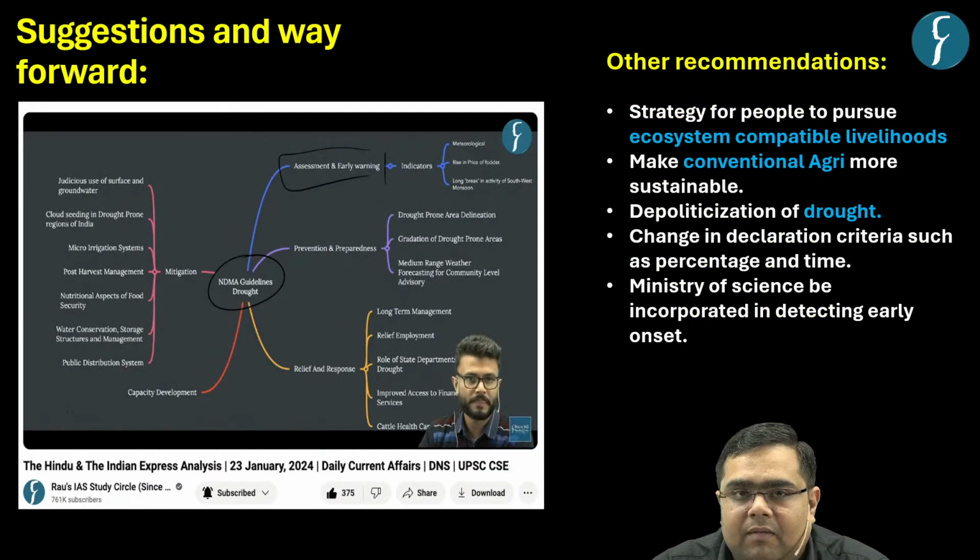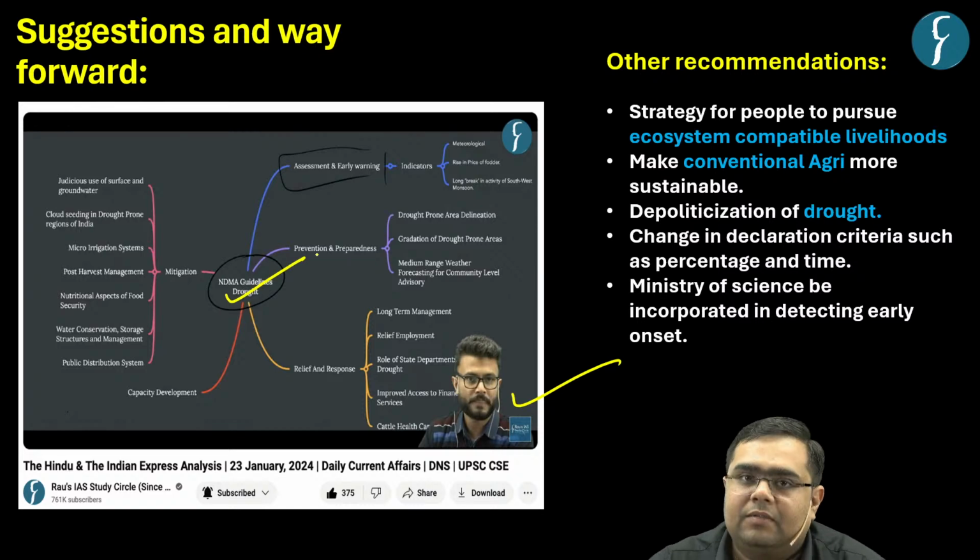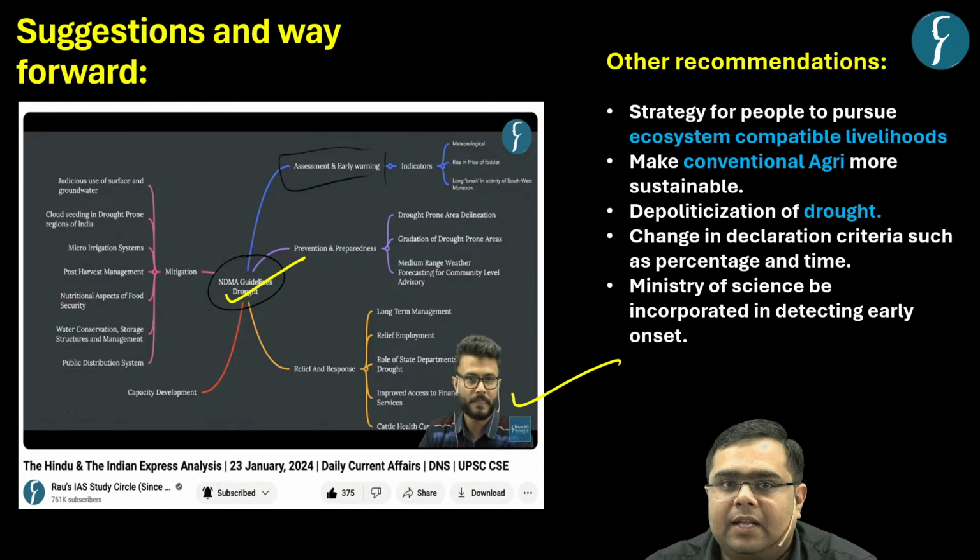We'll just briefly cover the suggestions and way forward, just like Gaurav sir had covered the suggestions with respect to the NDMA guidelines, for the students who have already gone through the video and made some notes. They must be able to revise it.